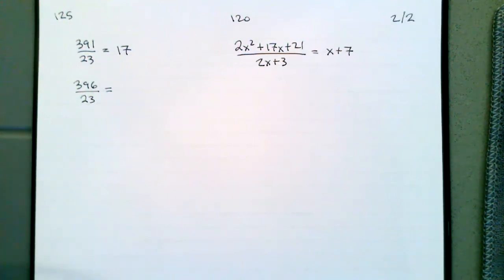Let's see what happens in the division. So we should predict a little bit about what's going to happen. We're going to subtract 23 from 396 17 times, and there will be 5 left over.